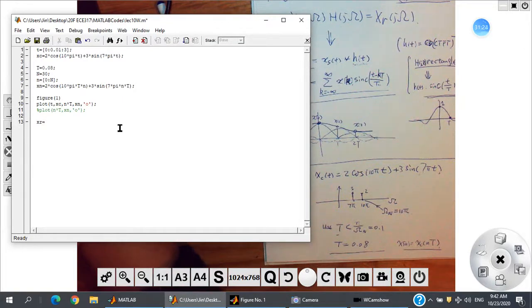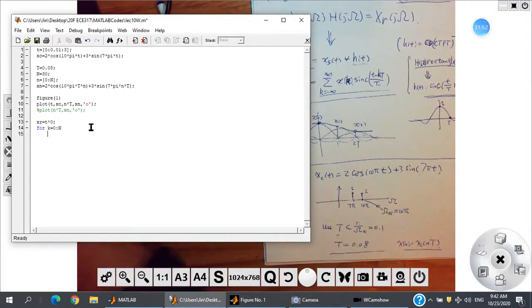xr equal to, firstly I just let it equal to t times 0. That means XR is a vector, a list of values with the same size as t, but all the values in XR now are zeros. Then for k run from 0 to capital N, for every k I have a symbol.